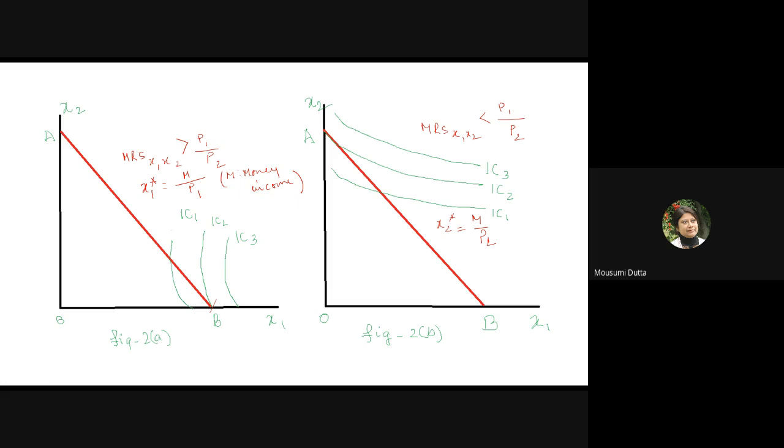However, I am willing to pay more. Therefore, she increases X1. Therefore, the consumption of X1 increases up to the limit of her budget, below which X1 is negative.